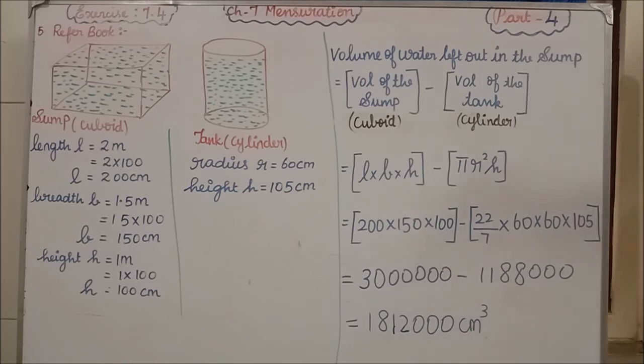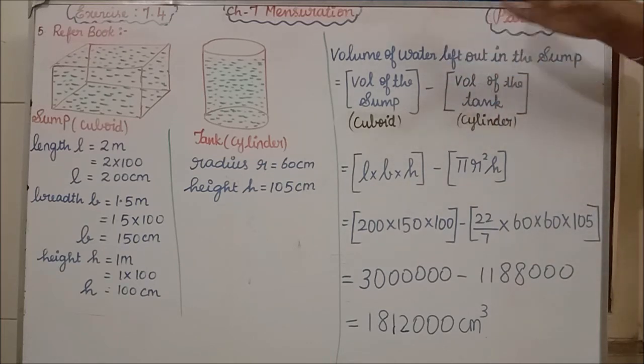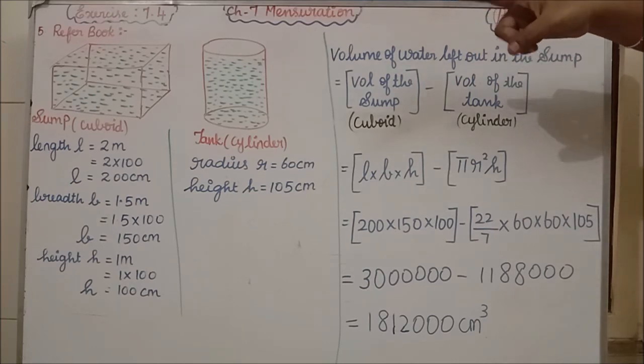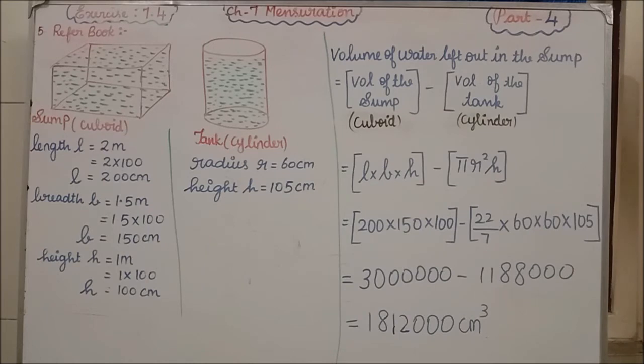But you should not make a mistake here. Most of the students will make the mistake of writing the volume of the tank first and the volume of the cuboid second. That is very wrong, because we are having the full water in the sump, and from that only we are transferring. So usually when we are subtracting, we write the bigger value minus the smaller value, isn't it?